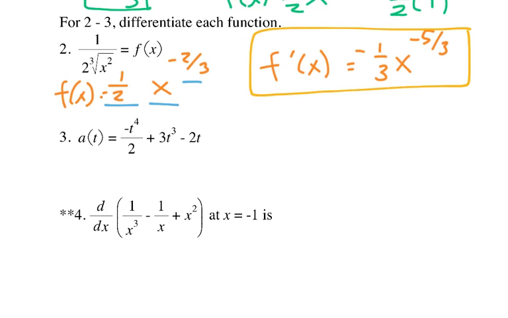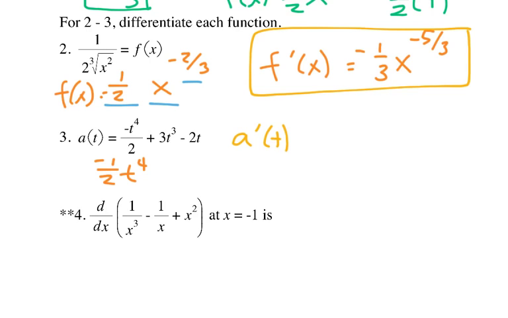in number 2. Number 3, a of t equals negative t to the 4th over 2 plus 3t cubed minus 2t. Again, the only term that I'm really worried about is this negative t to the 4th over 2, so I'm going to change that slightly. I'm going to change it to negative 1/2 t to the 4th, and then we can take the derivative of each term individually.